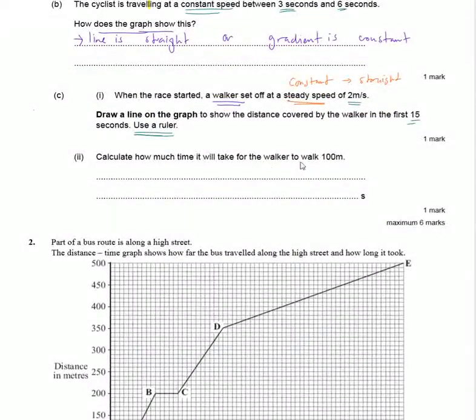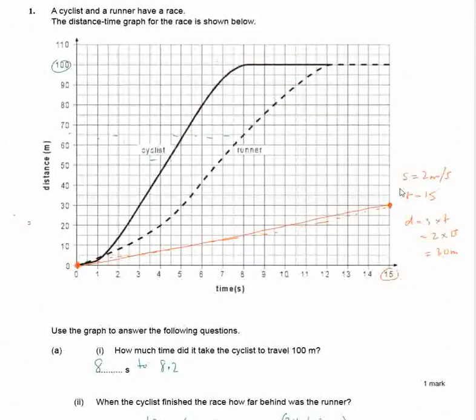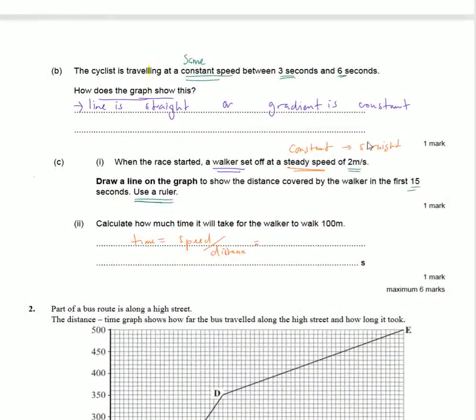Now, how much time will it take for it to walk 100 meters? So you guys know the time. So time is equal to speed divided by distance. I did this wrong, sorry, it's the other way around.